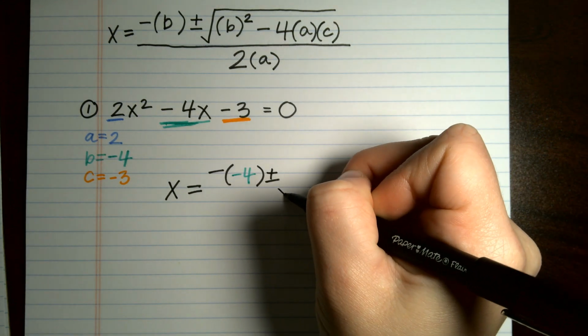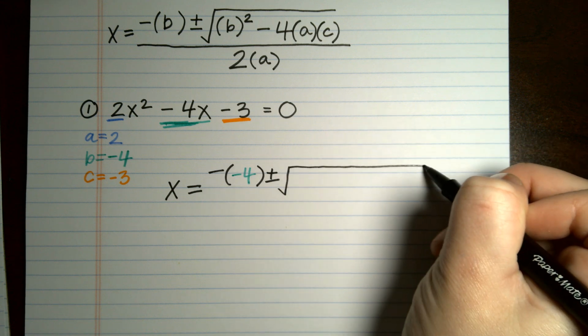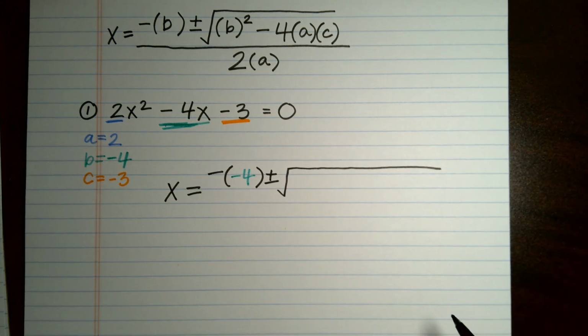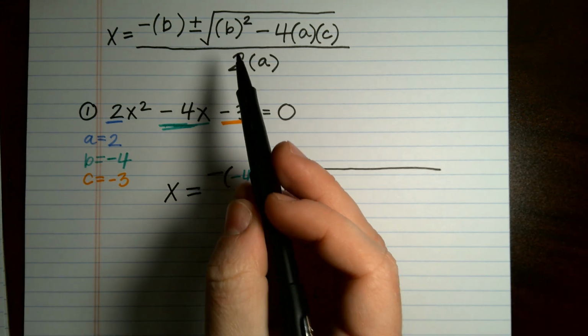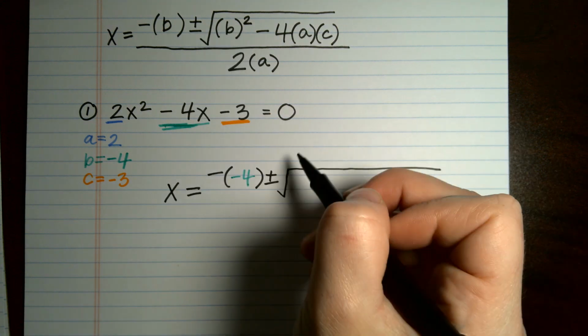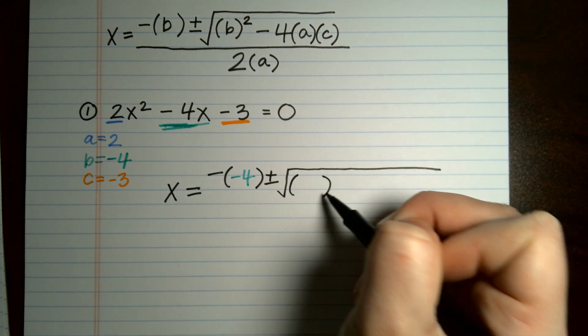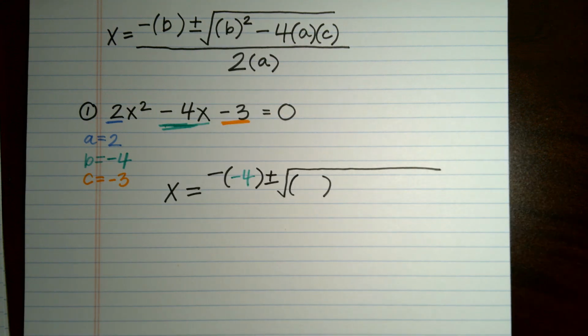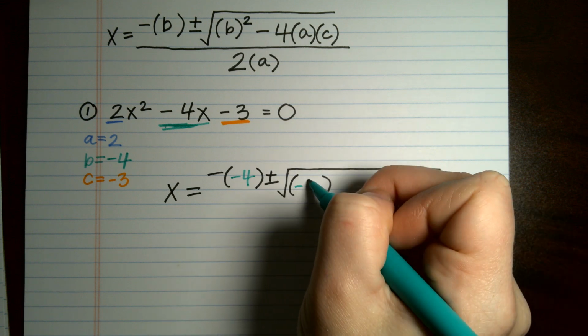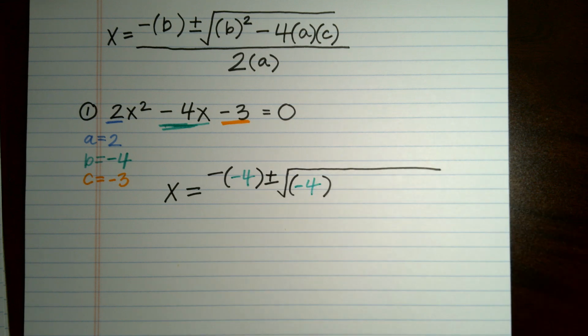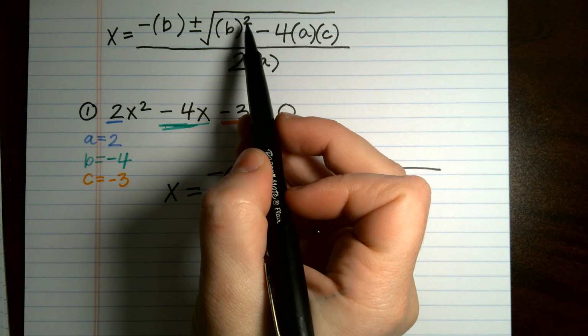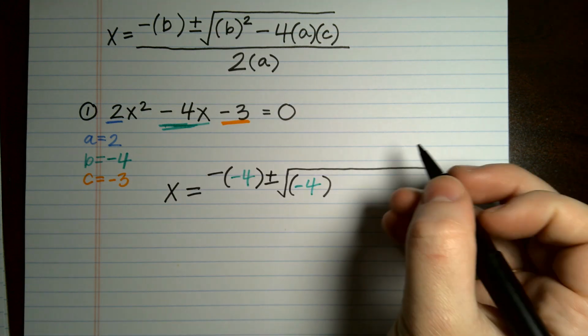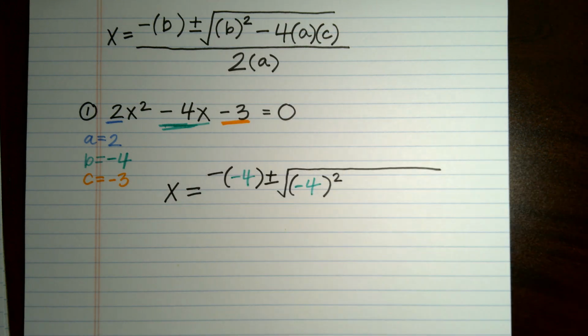Square root. Big old square root. Then it looks like I've got B in parentheses, so I'm going to make a parentheses. And what number goes in there? Good. Negative 4 again. That's our B. Squared. There's a little 2 exponent right there, so we're going to be squaring negative 4.